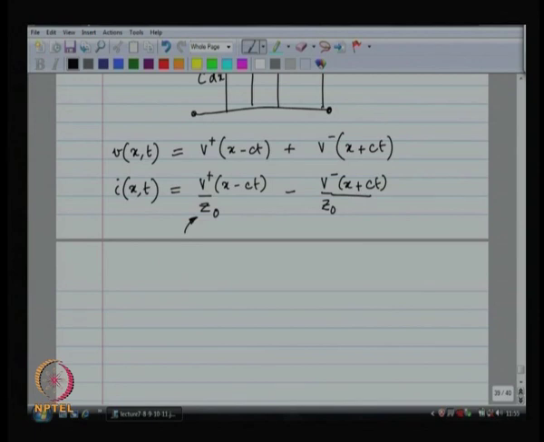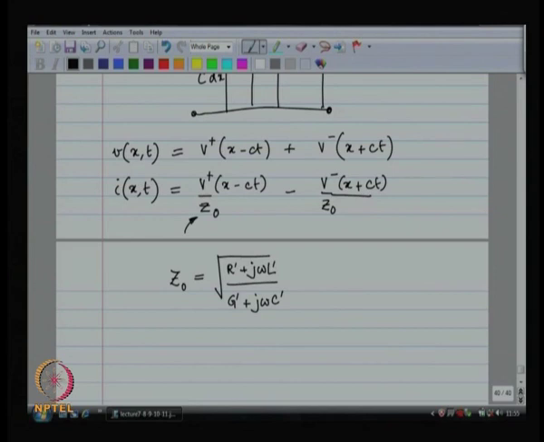In general, you can show that Z naught is going to be equal to square root of this quantity. Okay. So, you pick the frequency, and you have to compute your Z naught for that particular frequency. Otherwise, there is not much to be changed in these set of equations.